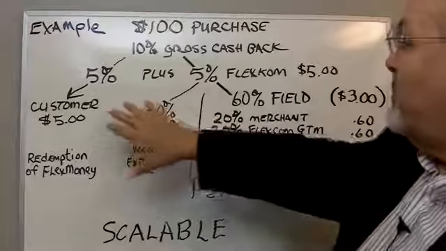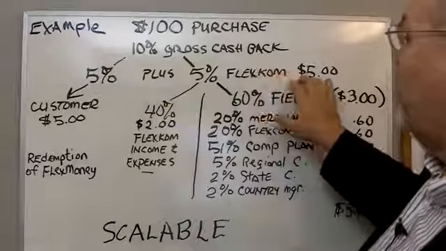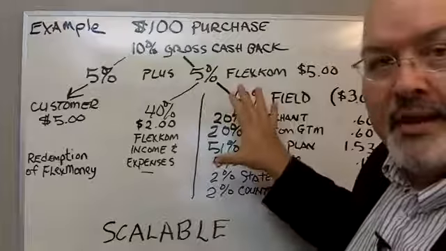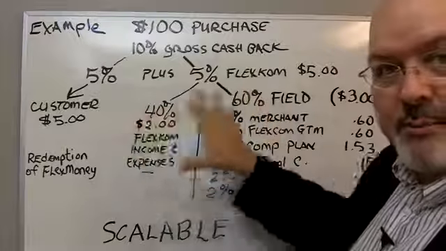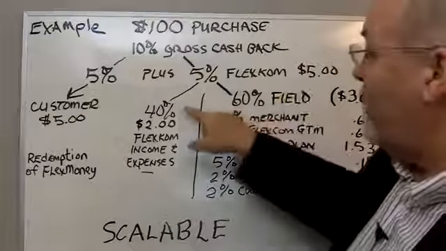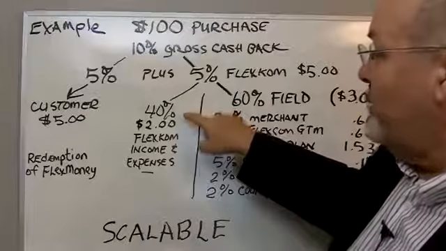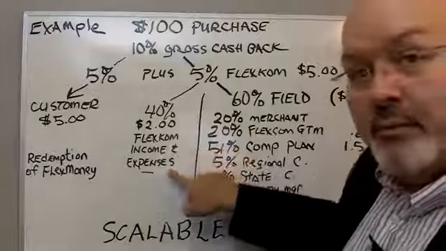So 5% goes to the customer, 5% goes to Flexcom, and here's how Flexcom has this so dialed in. This is how Flexcom splits up the money that they receive. 40% of it goes to Flexcom for their income and expenses.